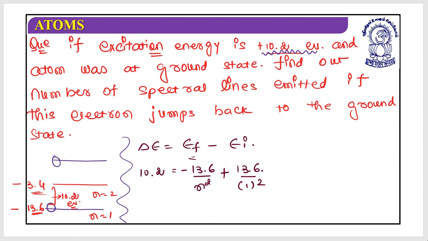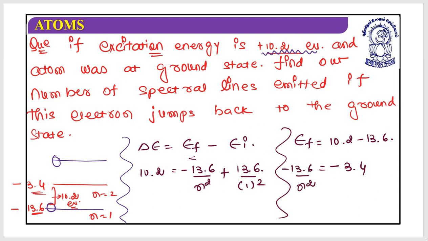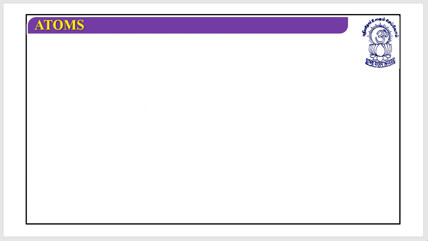So E final is equal to 10.2 minus 13.6, which is minus 3.4, equal to minus 13.6 by n square. So n square would be equal to 13.6 divided by 3.4, which equals 4. From this it is clear that n equals 2.